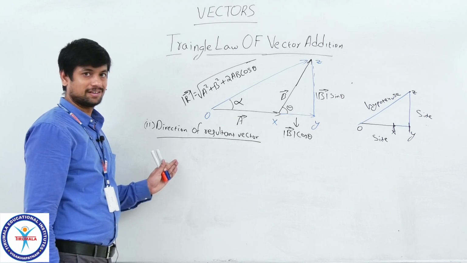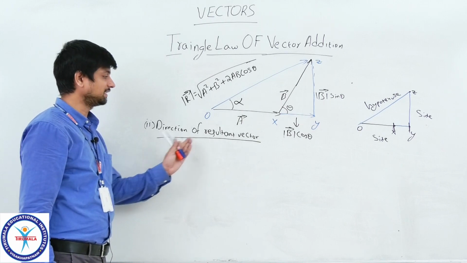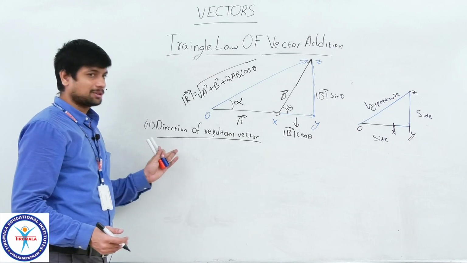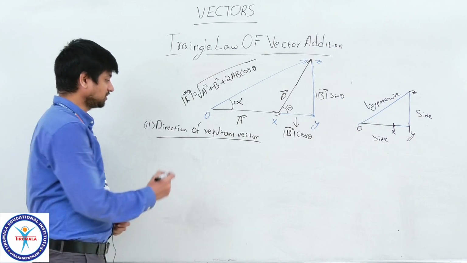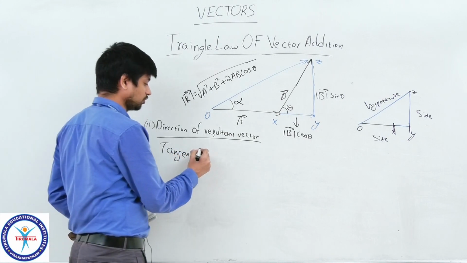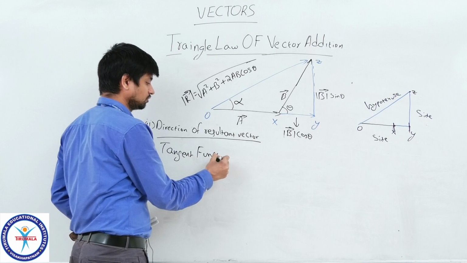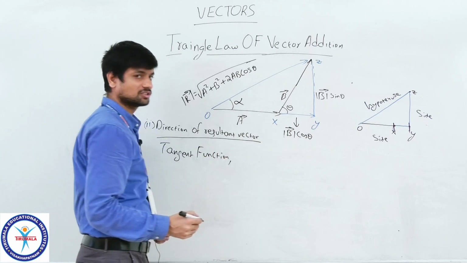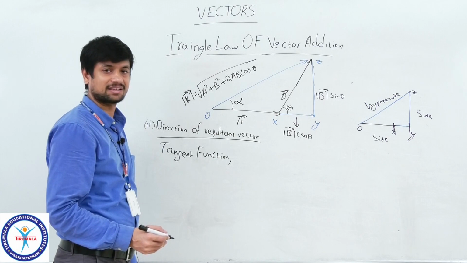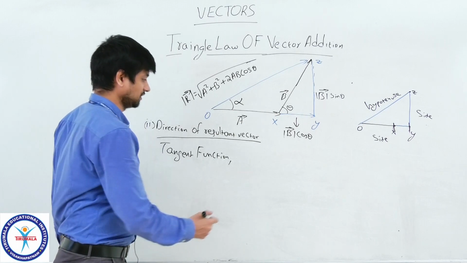Already we have calculated its magnitude. Now, we are going to calculate direction. To calculate the direction, what is the mathematical term we should take? Tangent function. Tangent ratio you can take. That tells you how much slope it has when compared with x and y axis. So, simply tangent function.